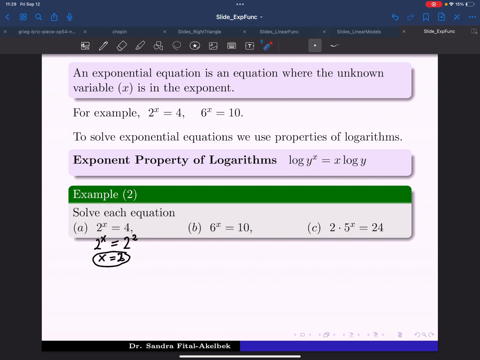Another way to solve it is using the property of logarithms. How can we do it? If we have 2 to the x is equal to 4, we can take the log of both sides. And then using the property of logarithms, this exponent can go in front. So this would be x times log 2 is equal to log 4.